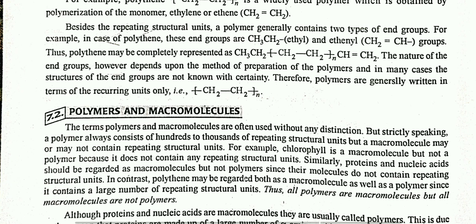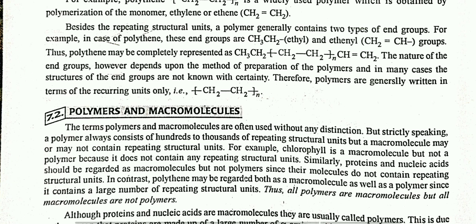Polymers and macromolecules. The terms polymer and macromolecule are often used without any distinction, but strictly speaking, a polymer always consists of 100 to 1000 repeating structural units, but a macromolecule may or may not contain repeating structural units. For example, chlorophyll is a macromolecule but not a polymer because it does not contain any repeating structural units.